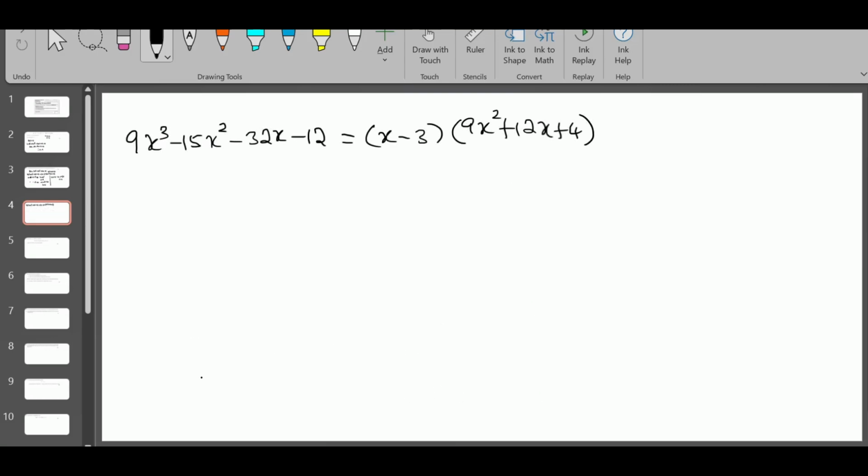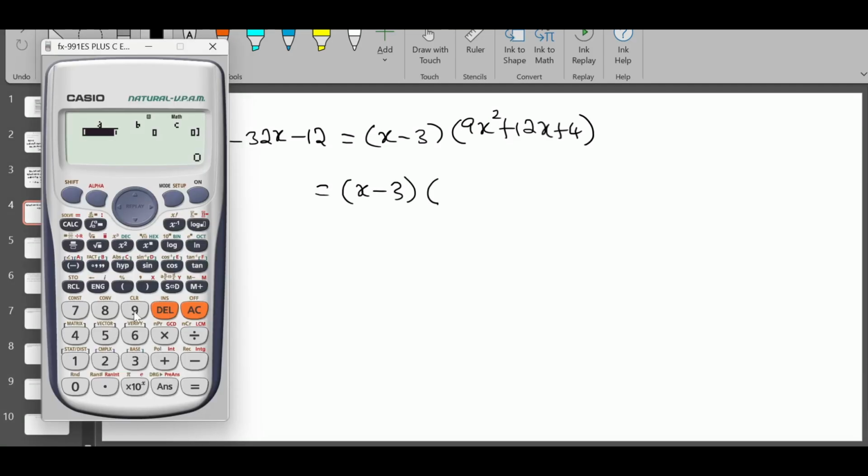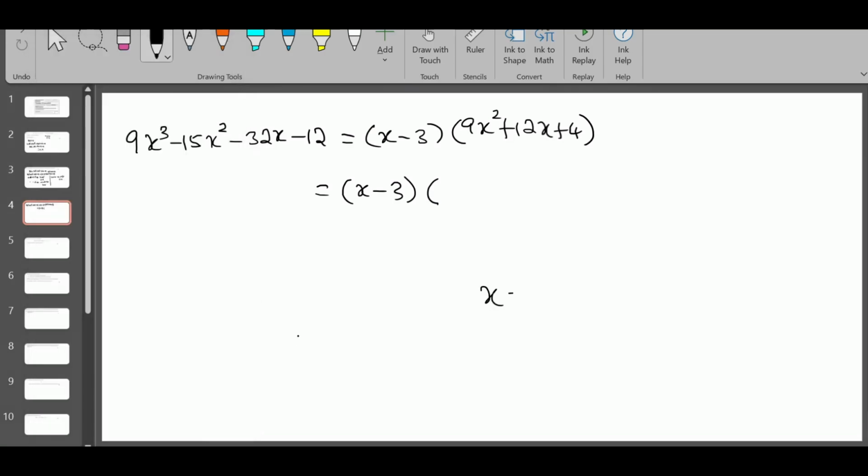Okay, and then factorize the quadratic again. 9, 12, 4. Minus 2 over 3 is the only value. X is minus 2 over 3. If you write it as a factor, it's 3x plus 2 times 3x plus 2. Or you can write it as 3x plus 2 whole square, that's all.